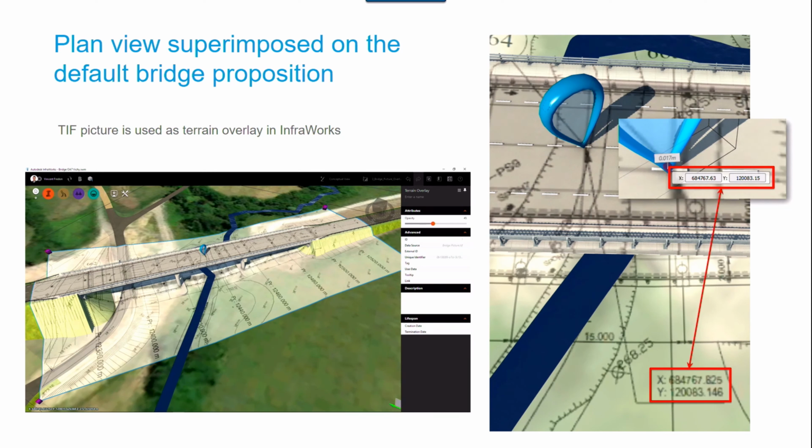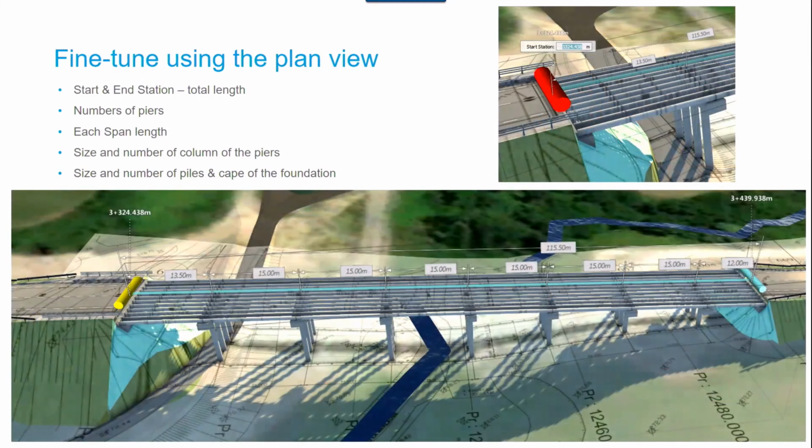We just take care to have the good coordinates, as you can see, in InfraWorks, the same as in the TIFF. After, we will fine-tune the start and end stations to have the correct total length, of course the number of piers, each span length, and after the size and number of columns of the pier and the foundation.